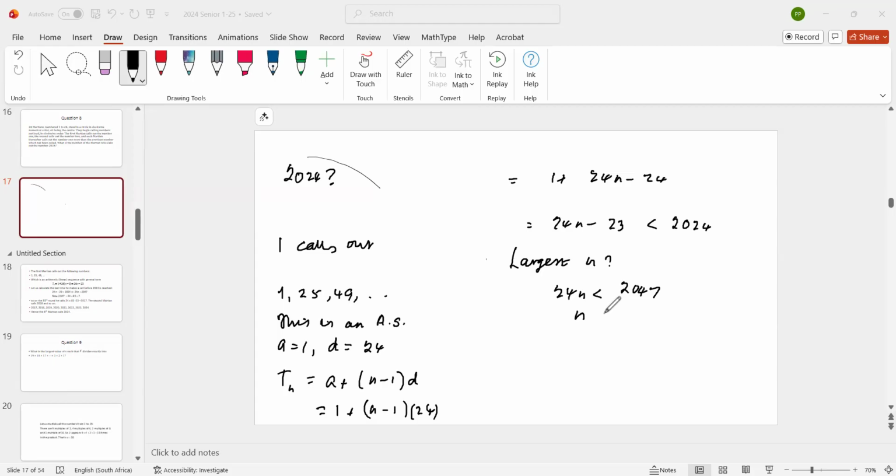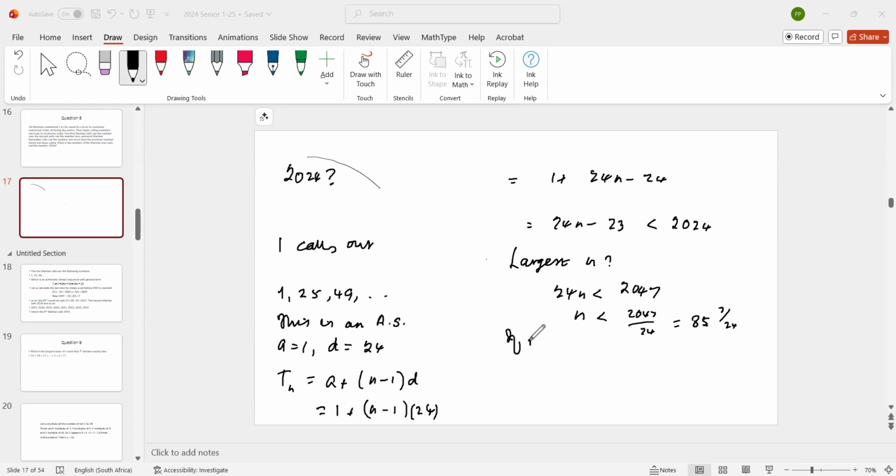And so n is less than or equal to 2047 divided by 24, which is 85 and 7 over 24. You have to do some long division here, because I know that 24 times 85 is 2040.